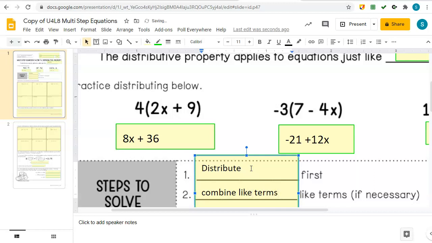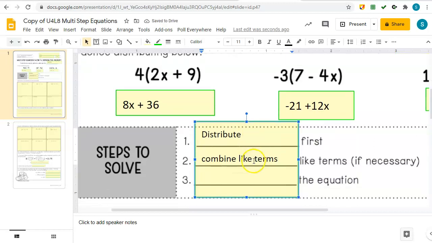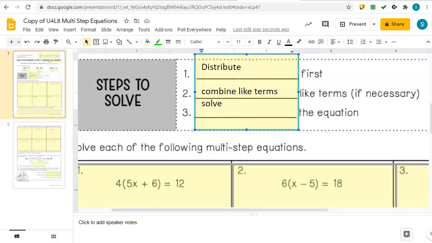That's one of our ways that we can simplify. And then we will solve. Now, there are times that you might go in the other order, and you might choose, for a particular reason, to do things in other orders. But this is the one that's going to be generally the most effective for us.